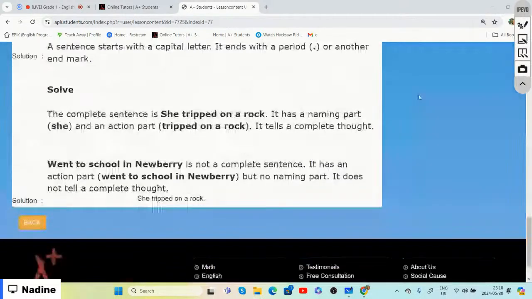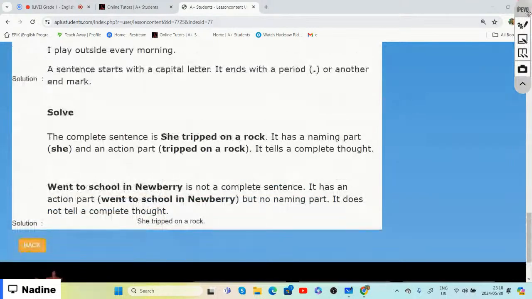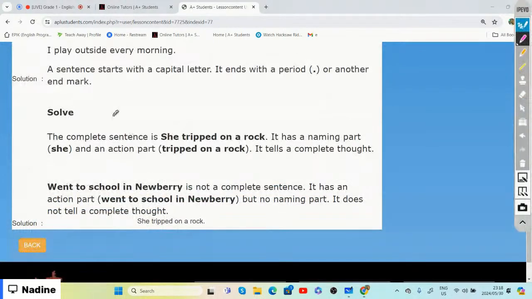But now if we look at this next sentence, the next sentence is "She tripped on a rock." If we try to identify the naming part within that sentence, what do you think we can say the naming part is?